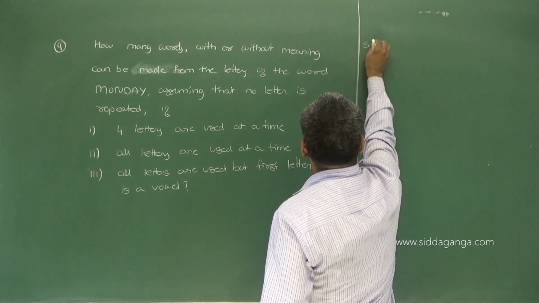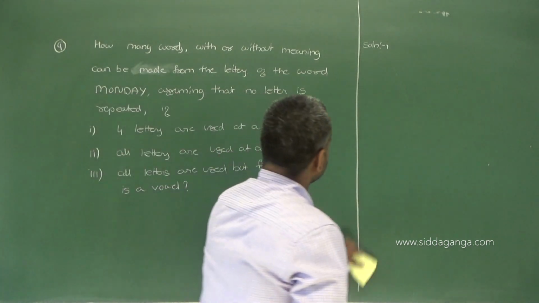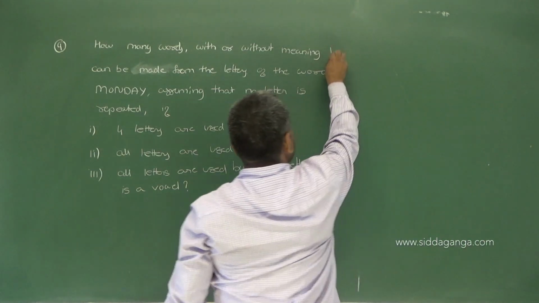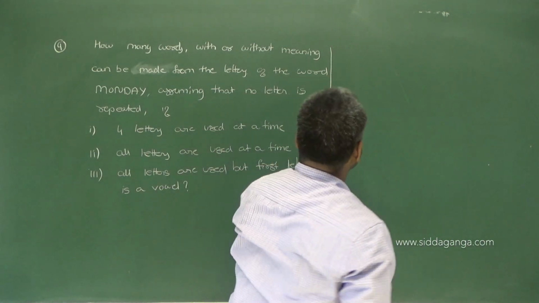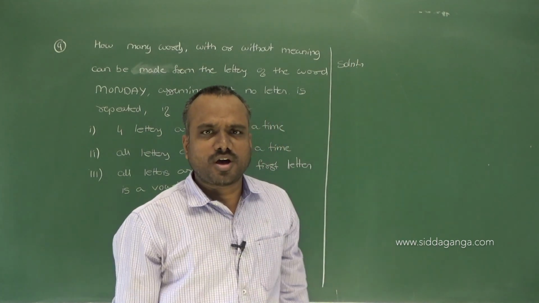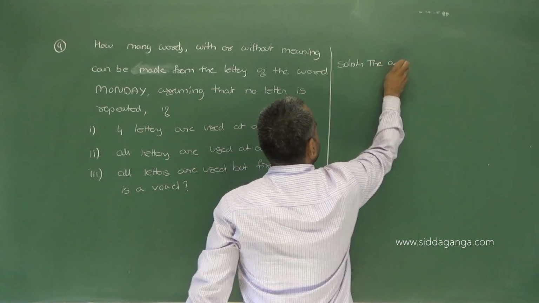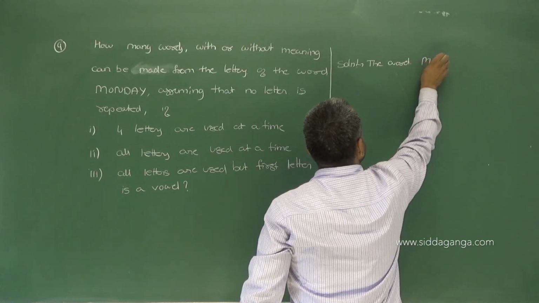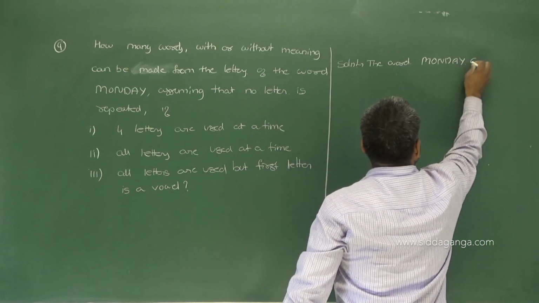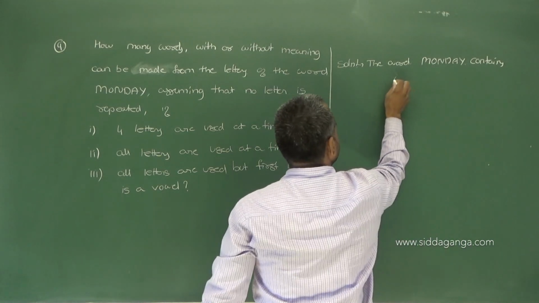Solution. The word MONDAY contains 6 letters.